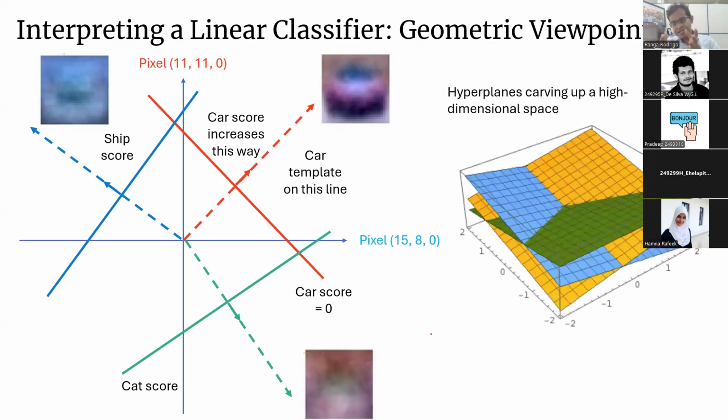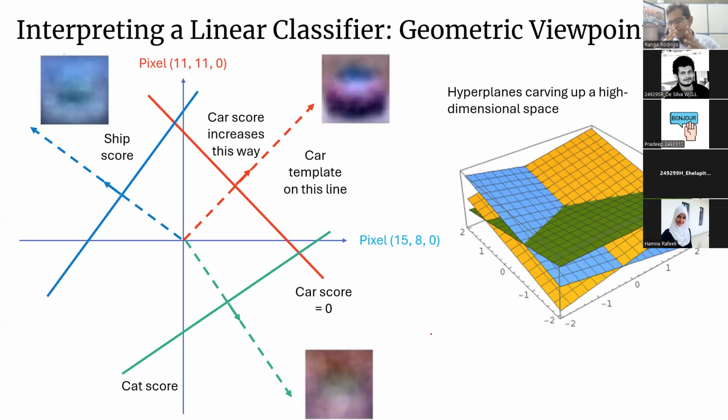Then actually in the two-dimensional space, you will see these kind of planes. So whatever the highest part in that region corresponds to the cat region, car region, and the ship region. But here we are only considering two dimensions, but an image will have 3072 dimensions, for example.